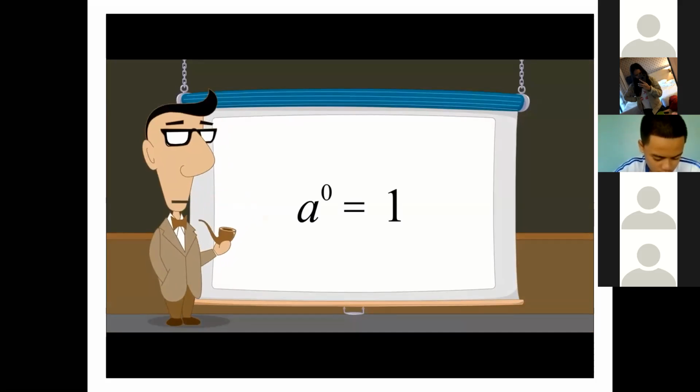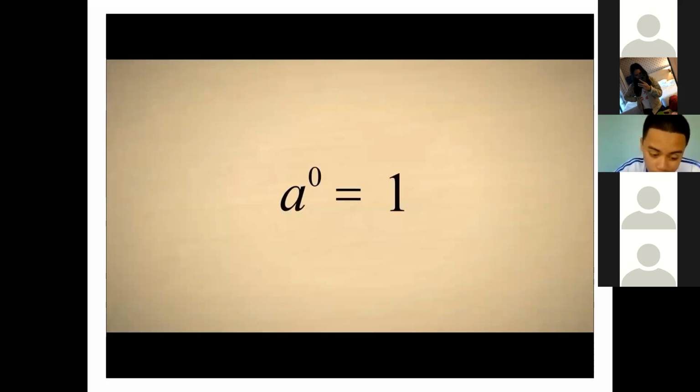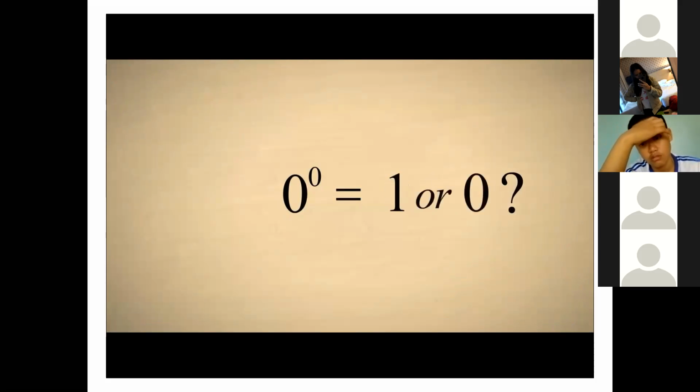What if a is 0? We showed that a raised to the 0 power is 1, so you would think that 0 raised to the 0 power should be 1. The problem is that no matter how many times we multiply 0 times itself, we always get 0. So is 0 to the 0 power 1 or 0? The answer is that it is undefined.